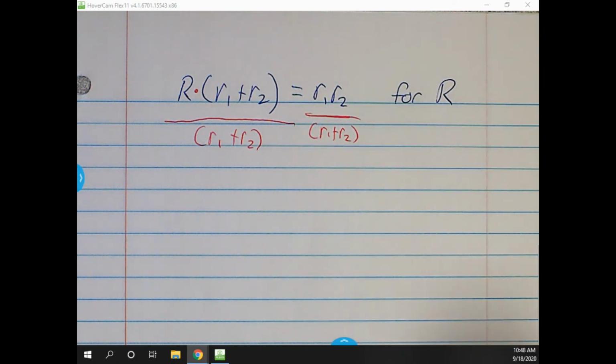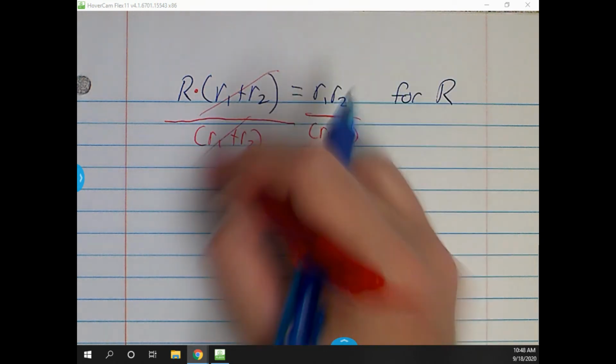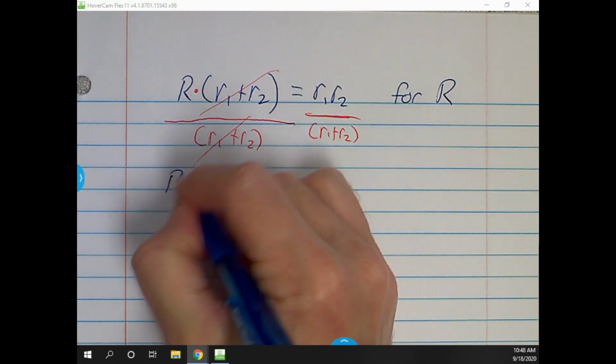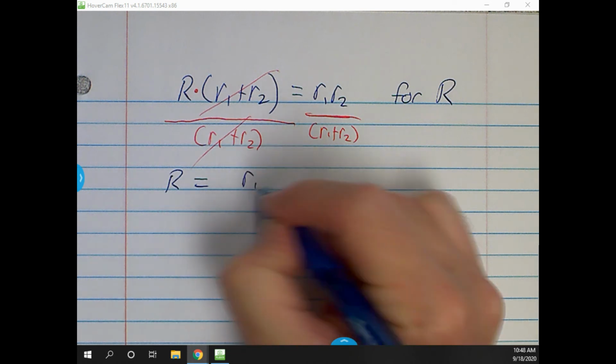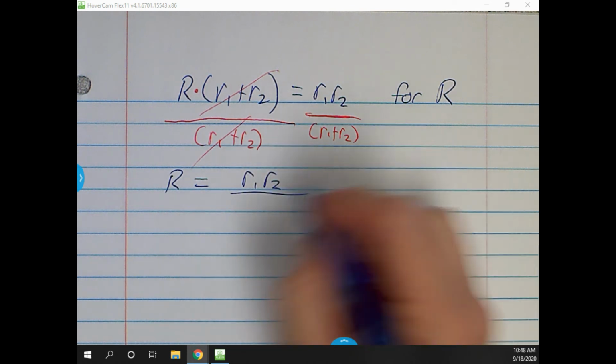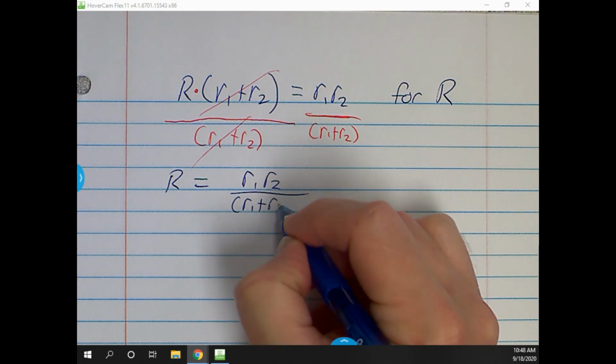So when we do that, the parentheses are the same, so we can cancel those two things out. So capital R equals R1 R2 over R1 plus R2.